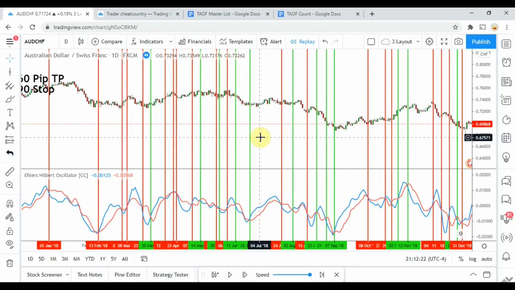So we get 32 signals altogether, and we have 12 winning trades. So unfortunately, that is not going to meet the 60% criteria that we're looking for.